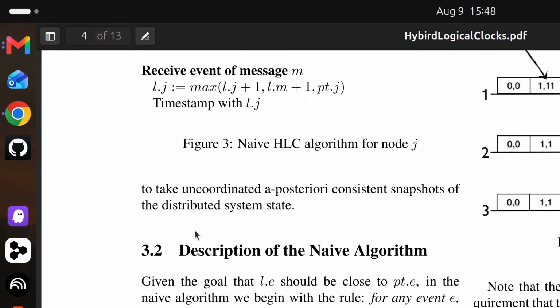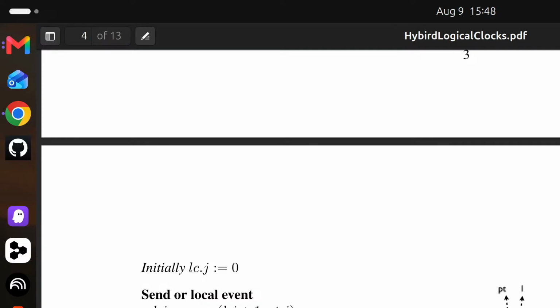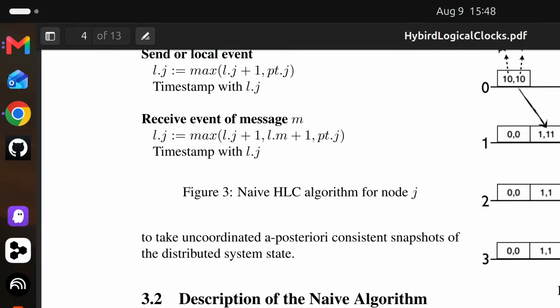Okay, let's understand the description of the naive algorithm first. Given the goal that l.e, the logical timestamp of event e, should be close to the physical timestamp of e, in the naive algorithm we begin with the rule that for any event e, the logical time of e must be greater than or equal to the physical time of e.